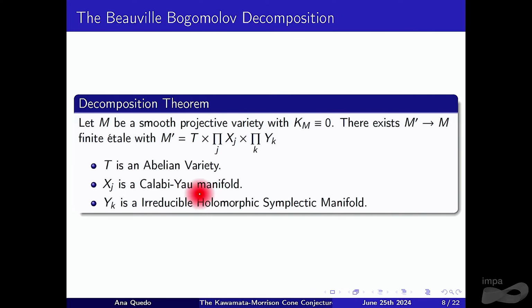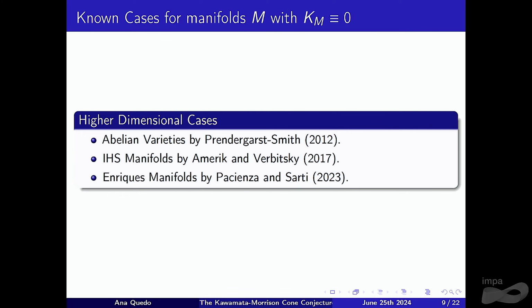I consider M a smooth projective variety with a numerically trivial canonical divisor again. When this happens, this variety is finitely covered by a product of Abelian varieties, Calabi-Yau manifolds and irreducible symplectic manifolds. And so what is known of the conjecture for these cases?